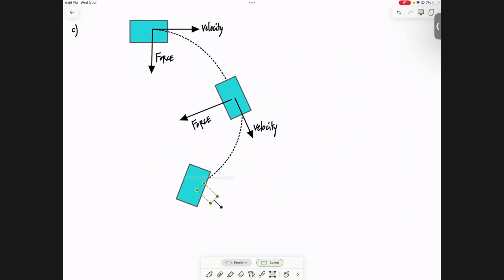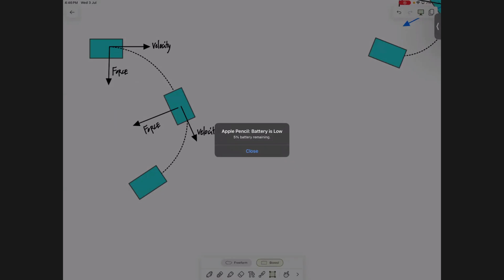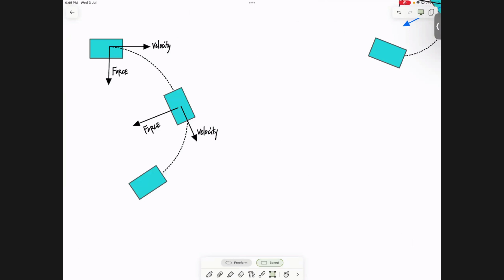So the question then arises, how do we make this go in a circle? In order to make this go in a circle, you want to make sure it changes direction when? All the time, at every given point. So if at every single instance you apply a force perpendicular to the motion, what will it continue to do? Change direction, change direction, change direction.